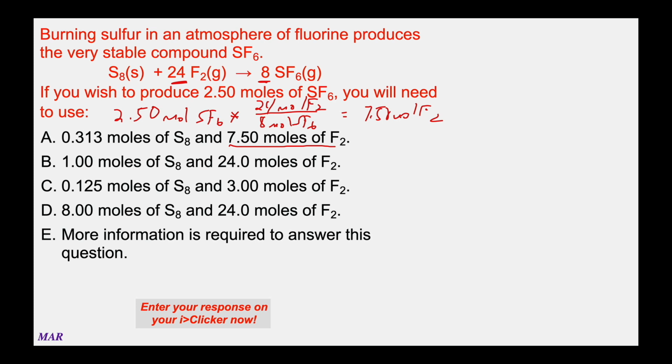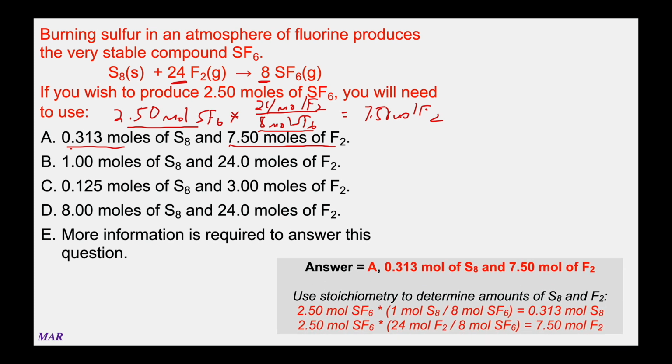Now, this number, 0.313, you should be able to get. You'd start with 2.50 moles of SF6. You'd still have 8 moles of SF6 on the bottom, but in the top you would have 1 mole of S8. So 2.50 times 1/8, I believe, is 0.313.